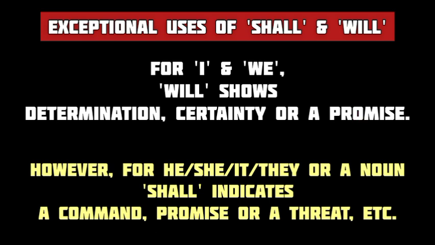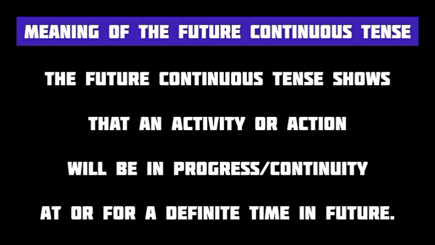In the same way, if the subject is he, she, you, it, they, or any noun, will is normally used. However, shall may be used for these subjects to show a command or a promise or a threat or in legal English. So now we understand that the structure of the future continuous is shall or will plus be plus the fourth form of the verb.